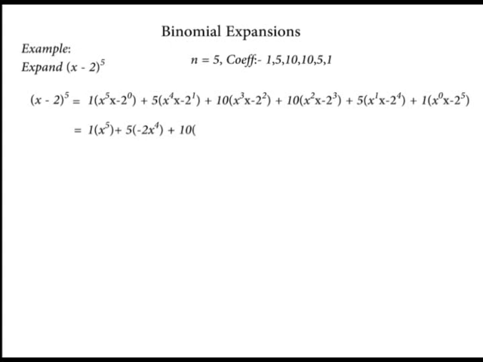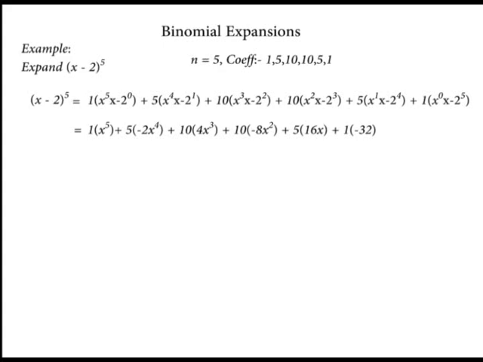plus 10 times (−2)^2 is 4 times x^3 is 4x^3, plus 10 times (−2)^3 is −8 times x^2 is −8x^2, plus 5 times (−2)^4 is 16 times x is 16x, plus x^0 is 1 times (−2)^5 is −32.